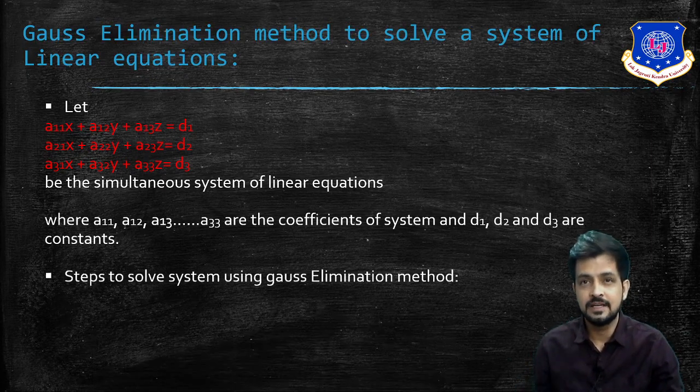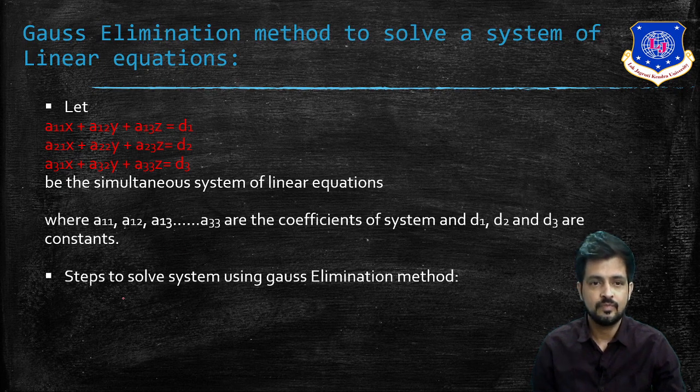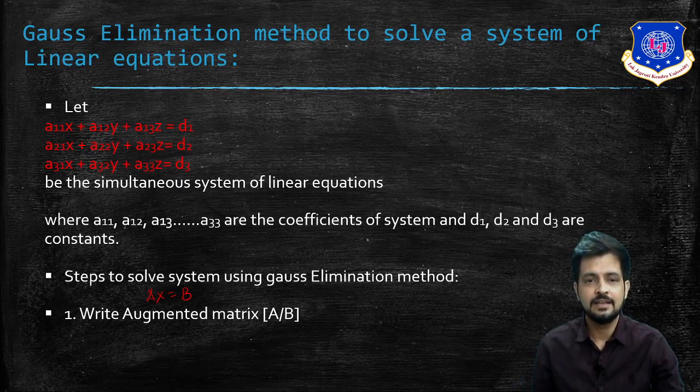Now let us study the steps to solve the system of linear equations with the help of the Gauss elimination method. First of all, a system of linear equations is given, so we have to write the matrix form. Ax is equal to B is the matrix form. Then we have to write the augmented matrix from this.